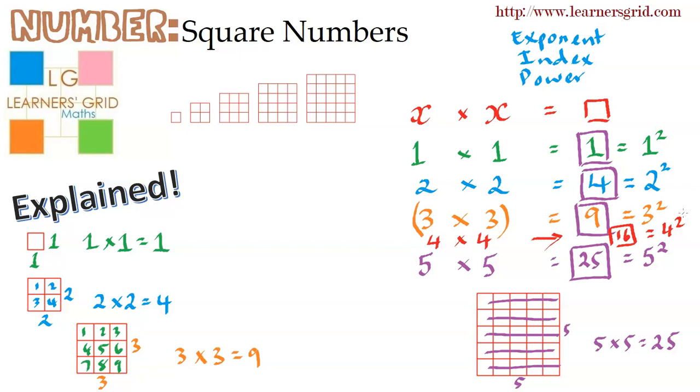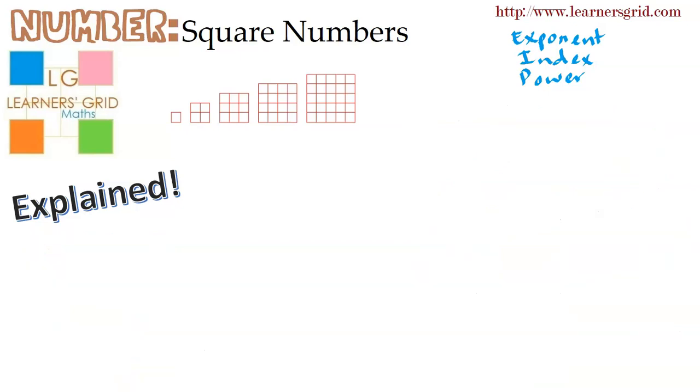Okay, let's have a quick review and see if you understand. Let's have a quick revision of the material we've just covered. If I was to write this, 7 squared, what does that mean as an equation? What is being multiplied by what?